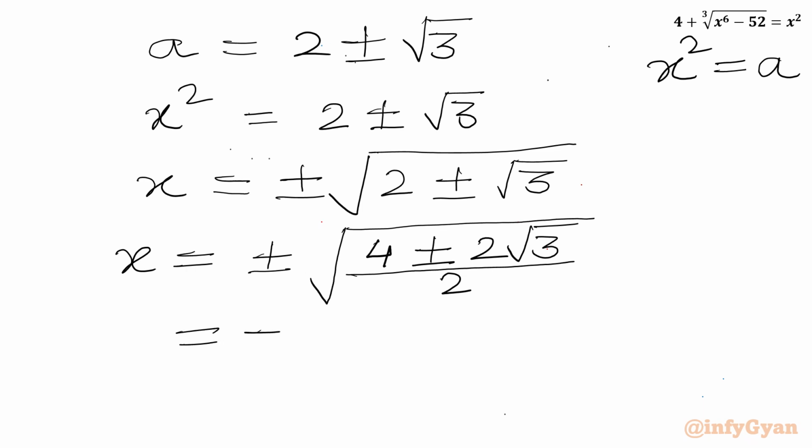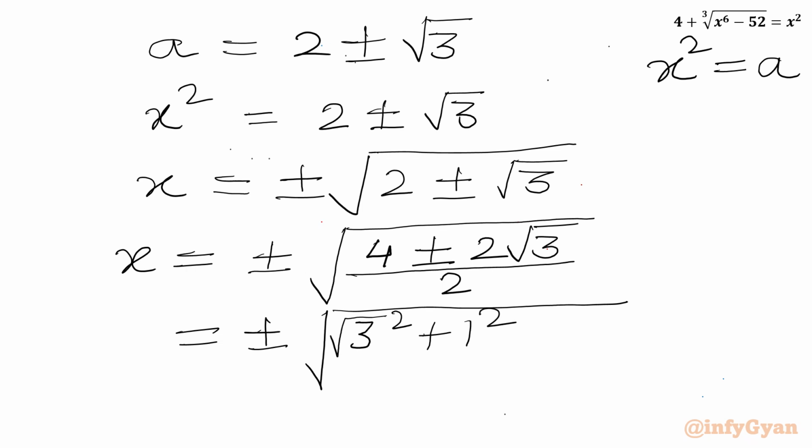This can be written as plus minus square root of 4. We can split 3 plus 1. And I can write 3 as root 3 square. 1 I can write 1 square. Then here it is plus minus sign. 2 times root 3 times 1, which is 2 root 3 over 2.